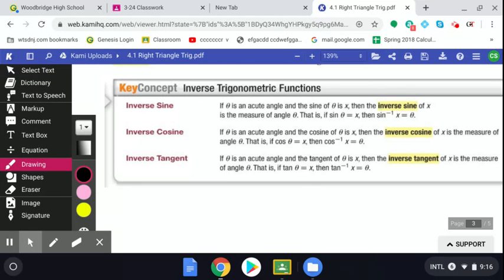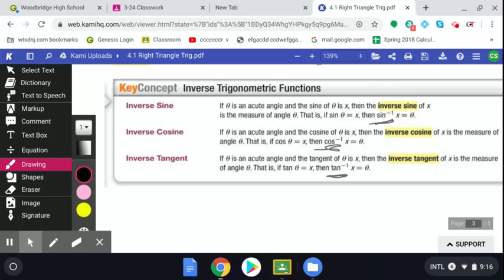So those are the inverse sections. For the 84, you have a key for each. But here, this is the inverse of sine. This is the inverse of cosine. And this is the inverse of tangent.